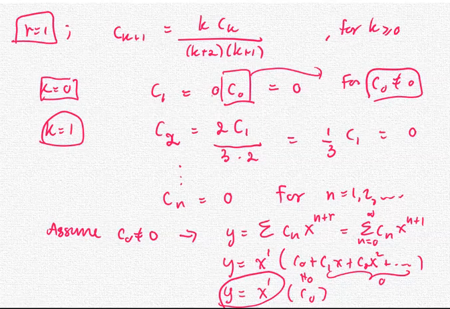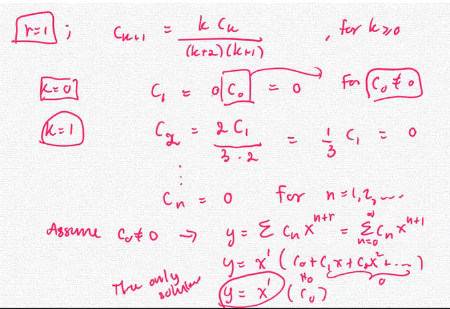Okay. So that's the only solution that comes out as we use the Frobenius method. And now we're going to find the second solution using the second solution formula.